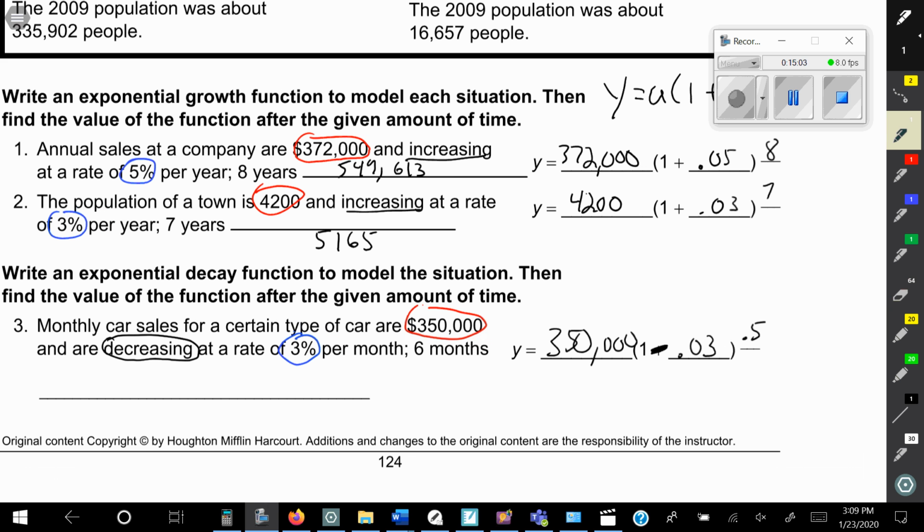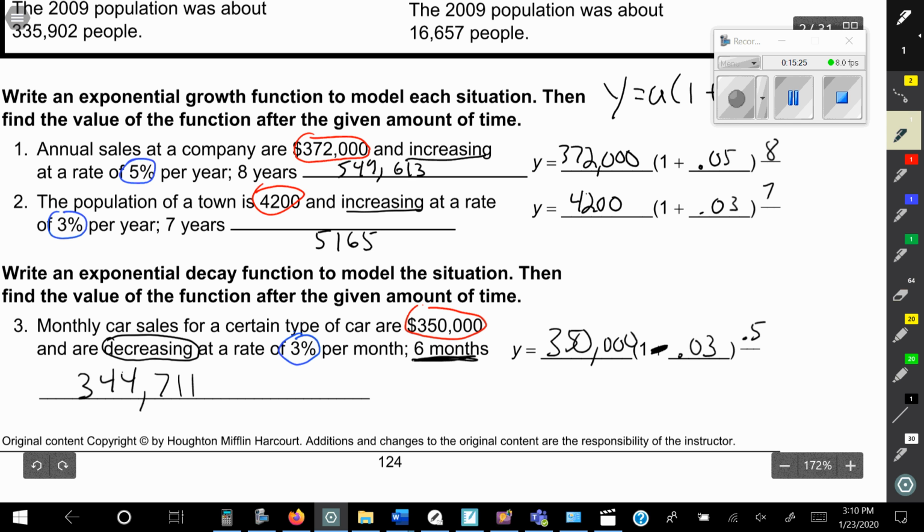All right, and with this 0.5, once you type that in, you should get 344,711. Okay, so you got to be careful on things like that. So when you see 6 months, make sure you don't put six. You're going to put 0.5 because 6 months is half a year.